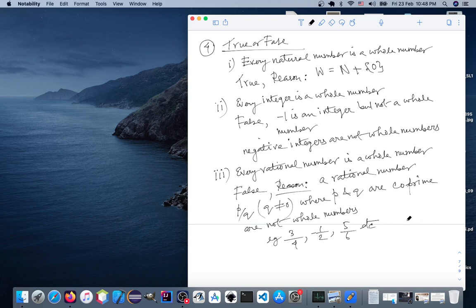Based on what I've discussed in lecture 1, I've prepared an assignment sheet. The link of the PDF I will attach in the description below. Please try to solve the problems in the assignment sheet, but before that, see my video, understand the concept, and then only try to solve the assignment problems.